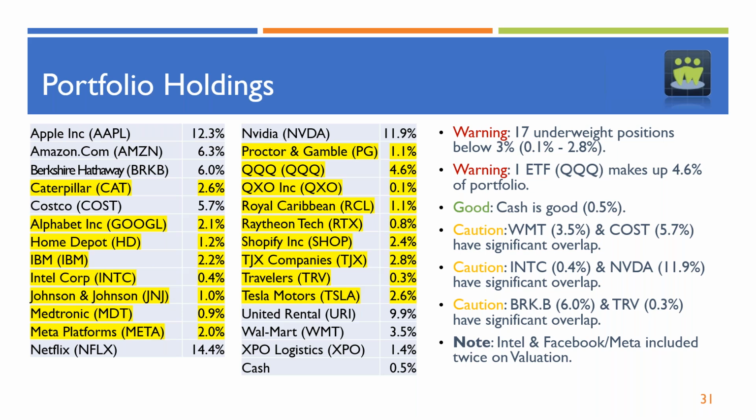There's some overlap. Walmart and Costco are both in the discount stores category of the consumer defensive stocks. So there's significant overlap there. And I know what you're saying. Yeah, but Walmart and Costco, could they be any more different? But remember that Walmart has the Sam's Club business, which is a direct competitor of Costco.